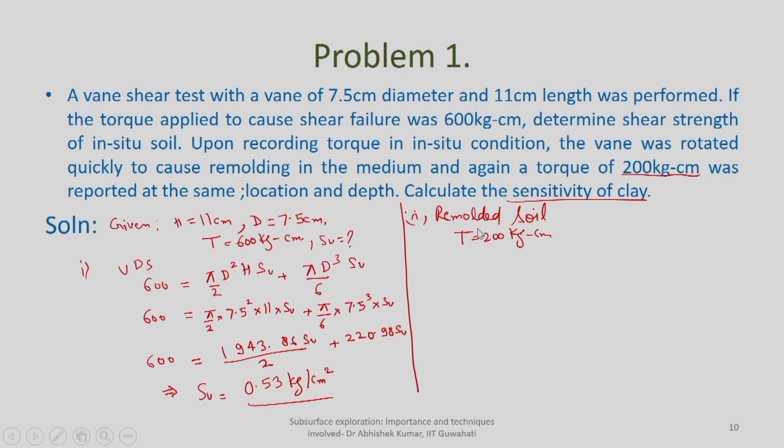So using again the same formula, you will get 200 equals 1943.86 SU by 2 plus 220.98 SU, and that is how you will be able to get SU remolded equals 0.16 kg per centimeter square.